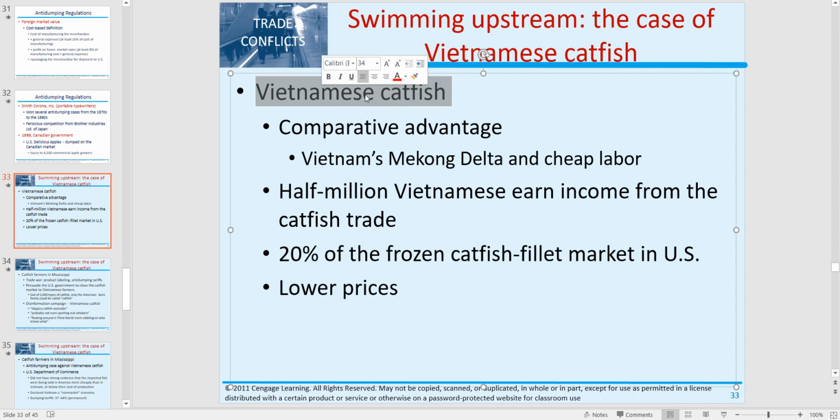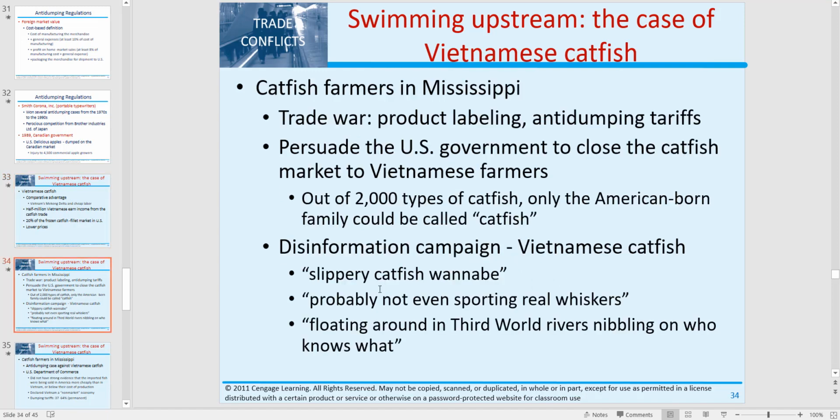So the US market was acquiring a lot of Vietnamese catfish, and that's a comparative advantage that the Vietnamese have because of the natural conditions that exist there, plus the cheap labor. 500,000 Vietnamese earn income from the catfish trade, so it's a relatively big industry in that country, and they were able to conquer 20% of the frozen catfish fillet market in the US due to the lower prices.